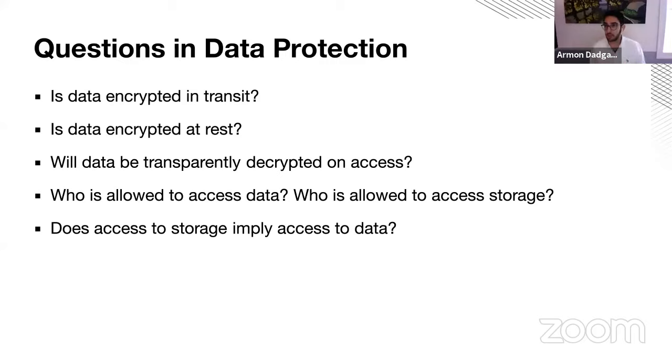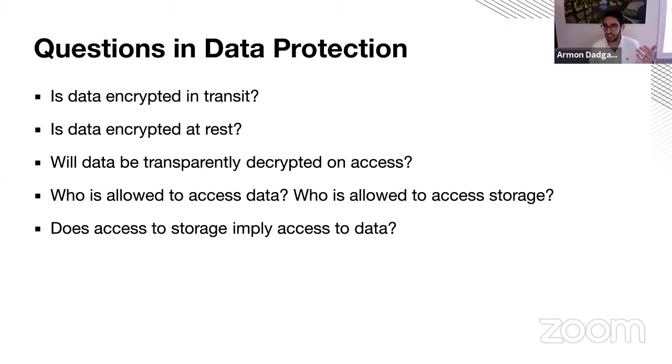Maybe I have human operators, my developers, my DBAs. They need access to the system to be able to do maintenance and debugging and things like that. But they might not necessarily need access to customer-facing data. My DBA maybe doesn't need the social security number of my customers. So there's this kind of meta question of, does access to the system imply access to the data? And if the data is being transparently decrypted, then the answer is yes.